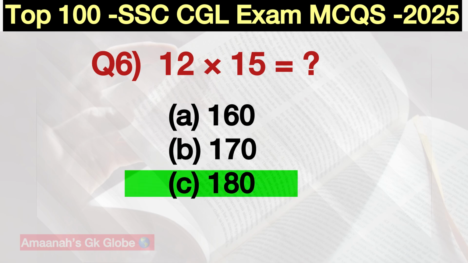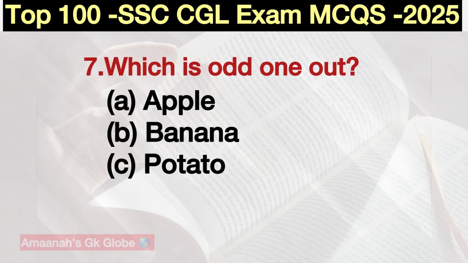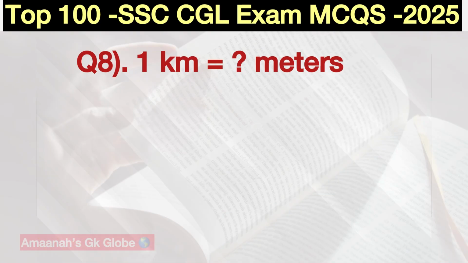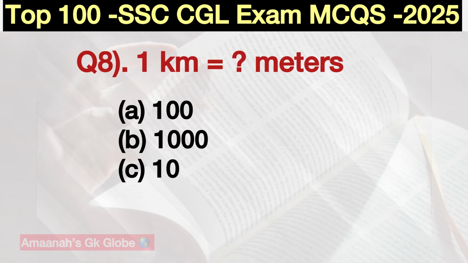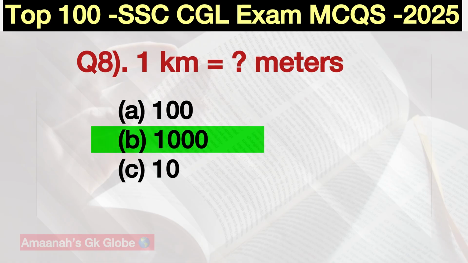Right answer is option C, 180. Next question is which is odd one out? Right answer is option C, potato. Next question is 1 kilometer is equal to dash meters. Option B, 1000 meters.